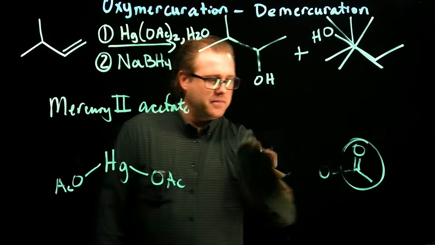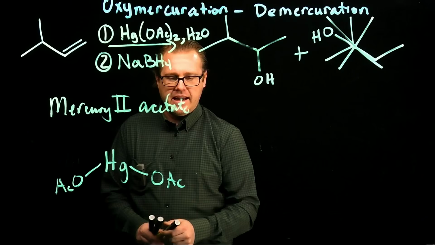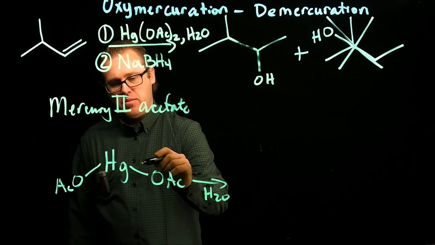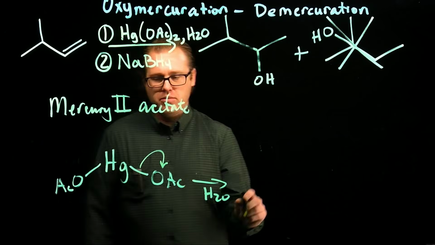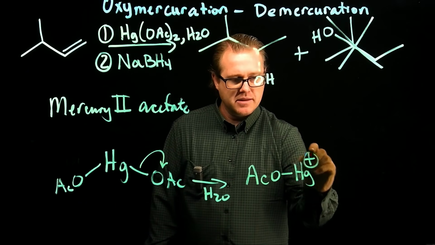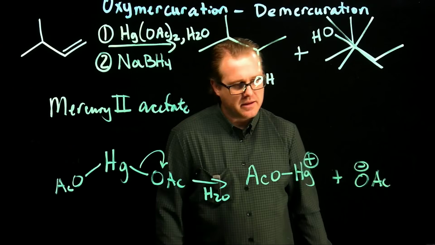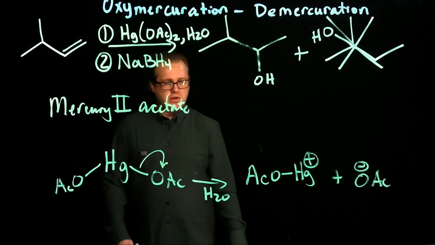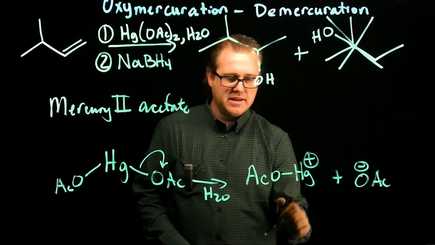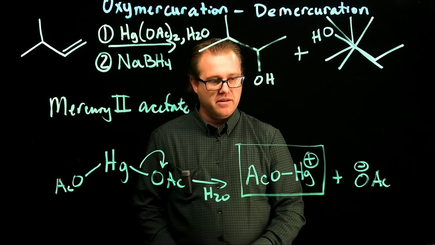So when you take the mercury acetate and add it into some water, what's going to happen is it's going to break apart. It's going to break apart into mercury plus our acetate ion there, like that. So that's what's going to happen when you place the mercury acetate into water. It breaks apart into this, and what's so good about that is this is a very, very strong electrophile.